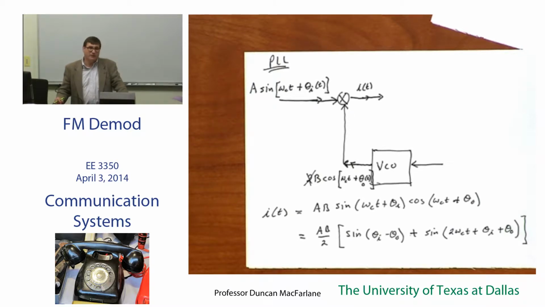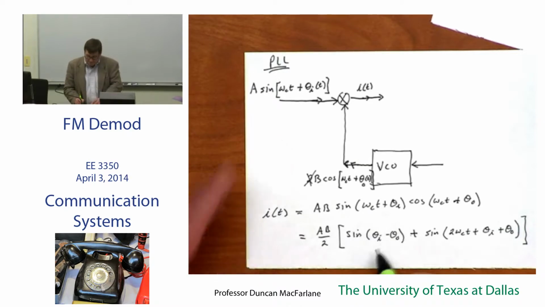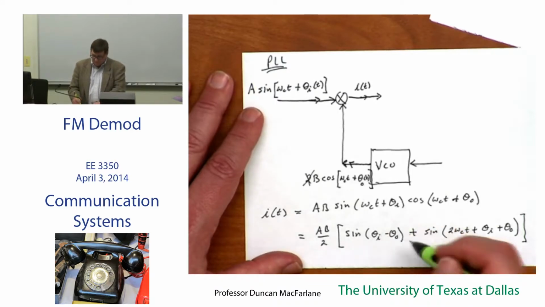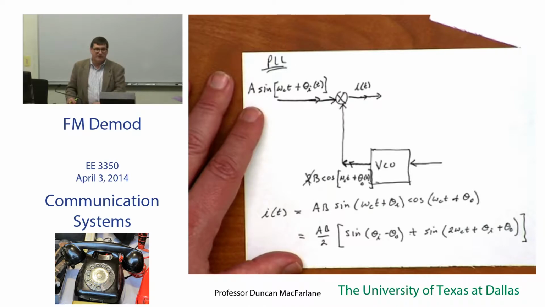And if it's equal, all the better. Okay. So I've stripped away the carrier frequency here, and I've got what is my input signal compared to what's my signal that's being generated by the VCO.